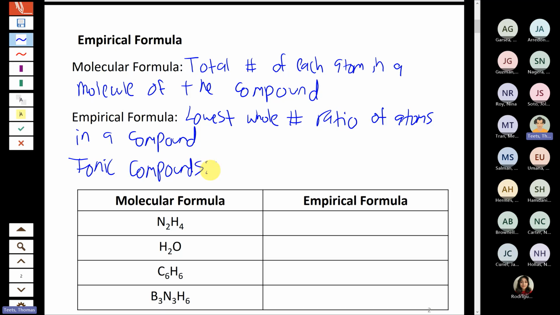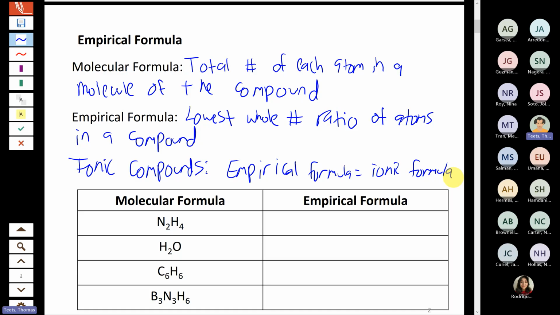So for ionic compounds, the empirical formula and the ionic formula are the same. But for many molecular formulas, if the coefficients, the subscripts, can be reduced to smaller whole number ratios, you would have then a different empirical formula.